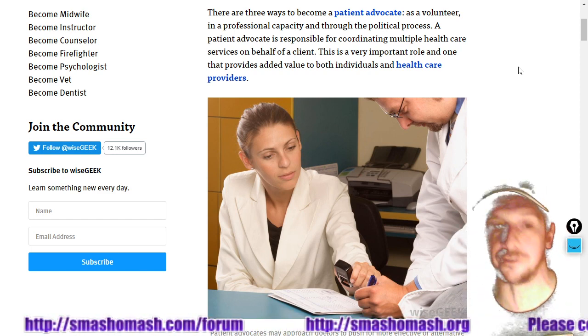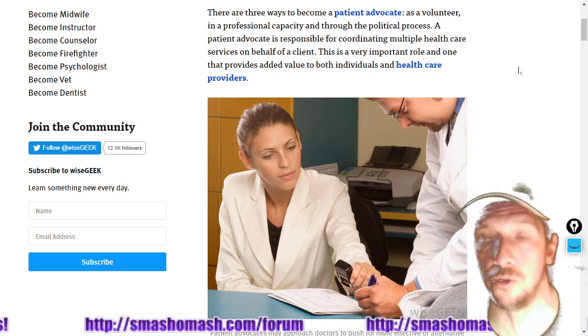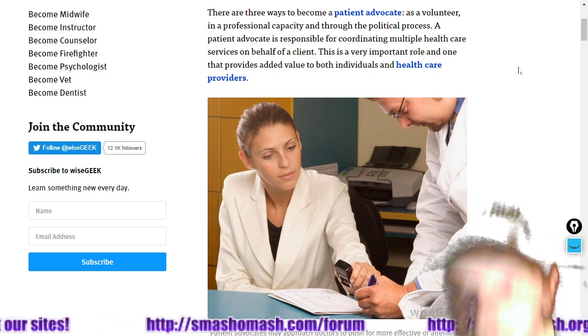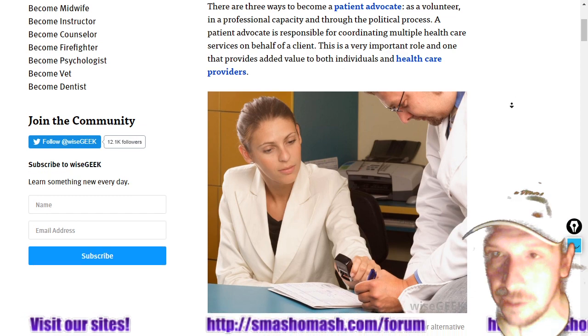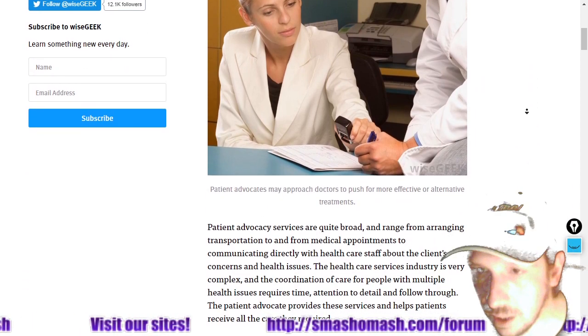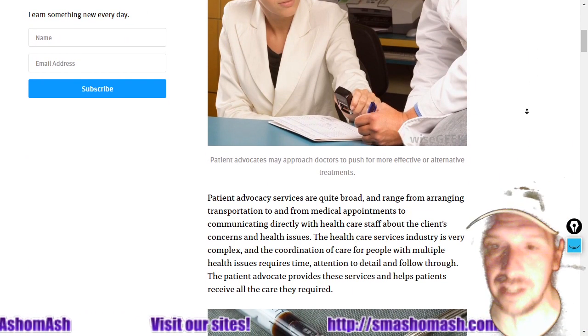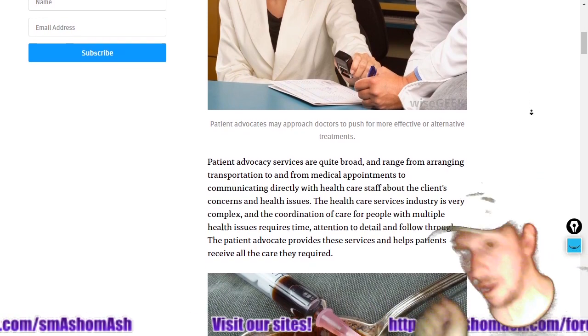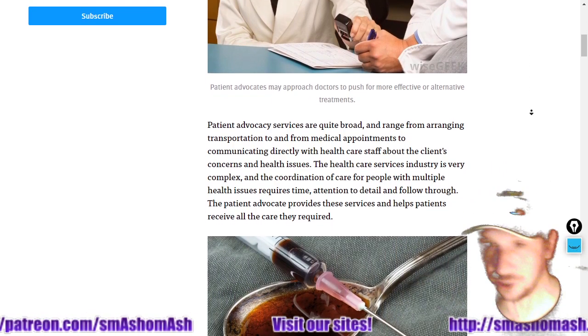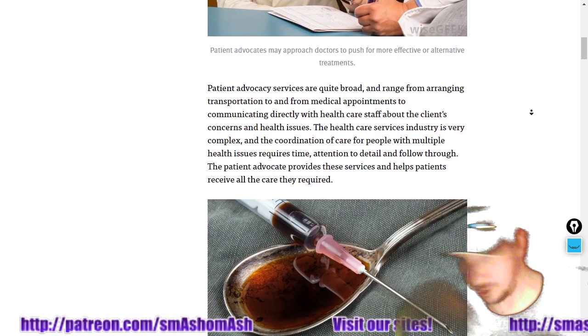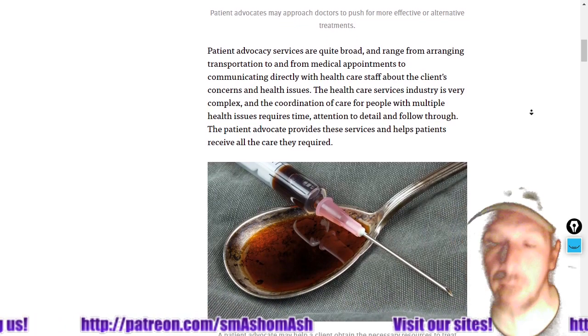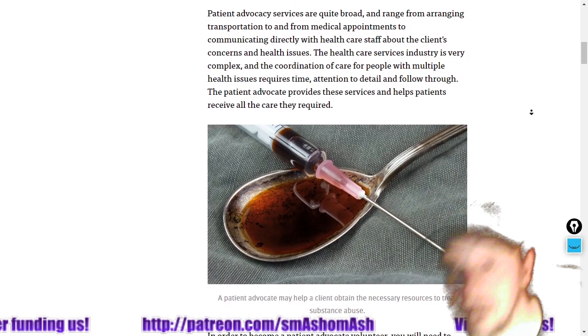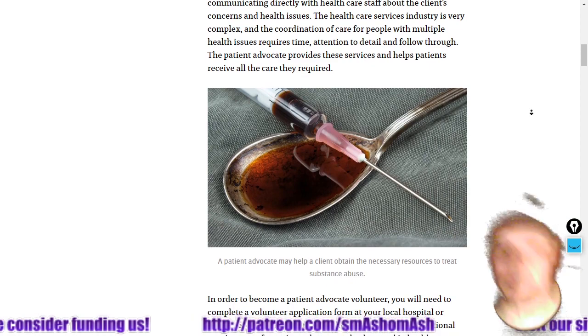Your doctor has no ability to force you to do anything. He is a voluntary relationship with you. So anyway, if you're one of these people who knows about 16,000 times more about the human body, physiology, anatomy, medicine, biology, etc., than somebody in your family, consider becoming their patient advocate. Some hospitals have paperwork about this.